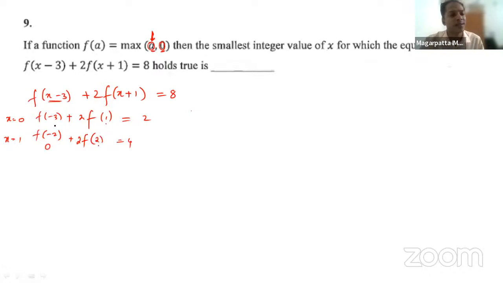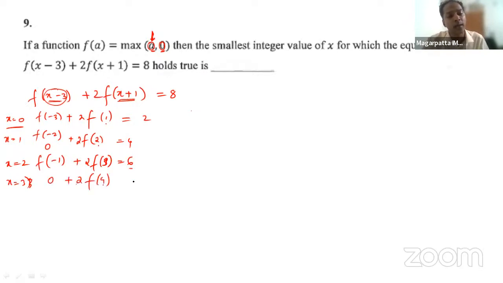What I realize here is, when I'm taking x equal to 0, this part is negative, and this part again is a very small number, and it is increasing only if I take bigger values of x. So I just need to move a few values ahead. x equal to 2, and this would be f of minus 1 plus 2 times f of 2 plus 1, that is 3. So this would be 6. And if I take x equal to 3, this would be f of 0, which is 0, plus 2 times f of 4, that is nothing but 4 into 2, 8.